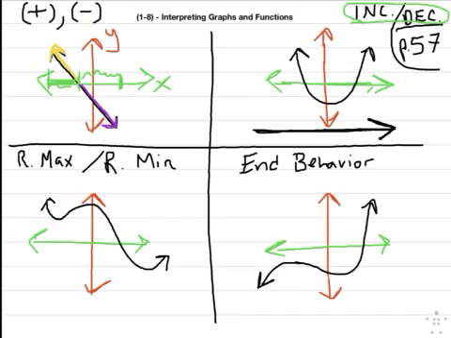So we're looking at the function in this direction, and let's just take a look at this one. This one is going down, right, and around here it's going down, it's going down, it's going down. So we say here the function is decreasing. And then again, we could specify from this little interval here, from these x values, the function is decreasing.